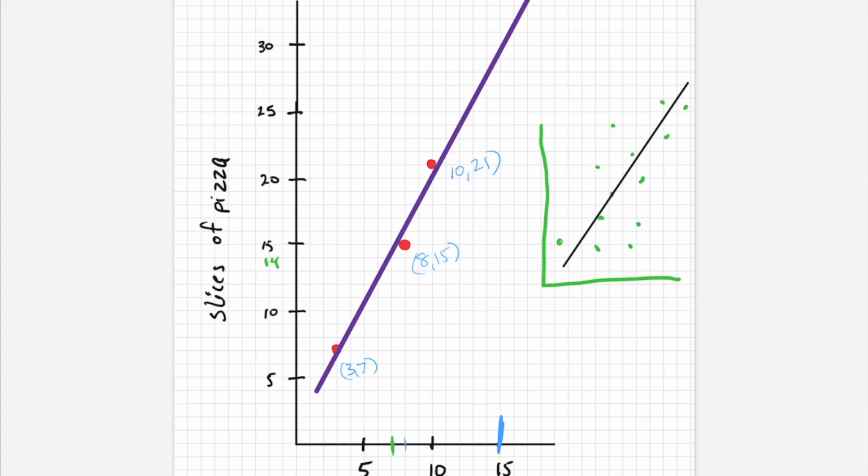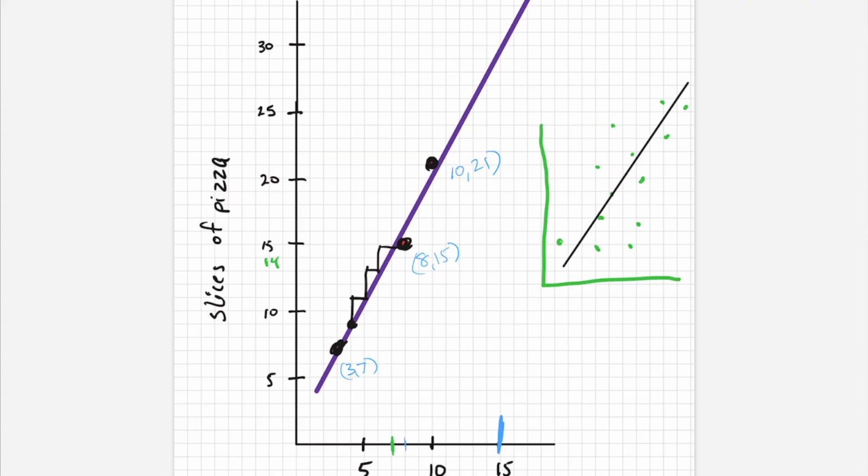See, in the one on the left, the original model, these points are very close, and I can feel very confident that every person is going to eat about 2 pieces of pizza. I can tell that because the slope of my line is up 2 and over 1, up 2 and over 1. So every person that comes is going to eat about 2 pieces of pizza.